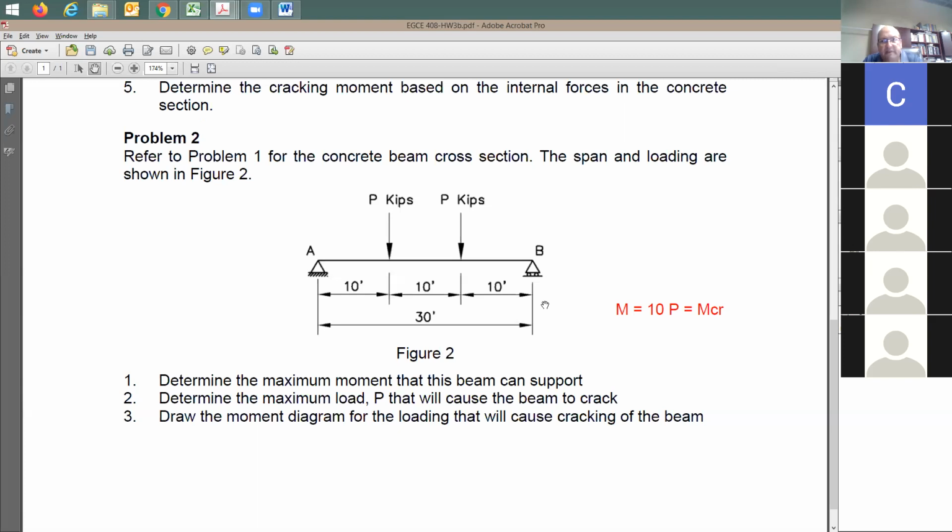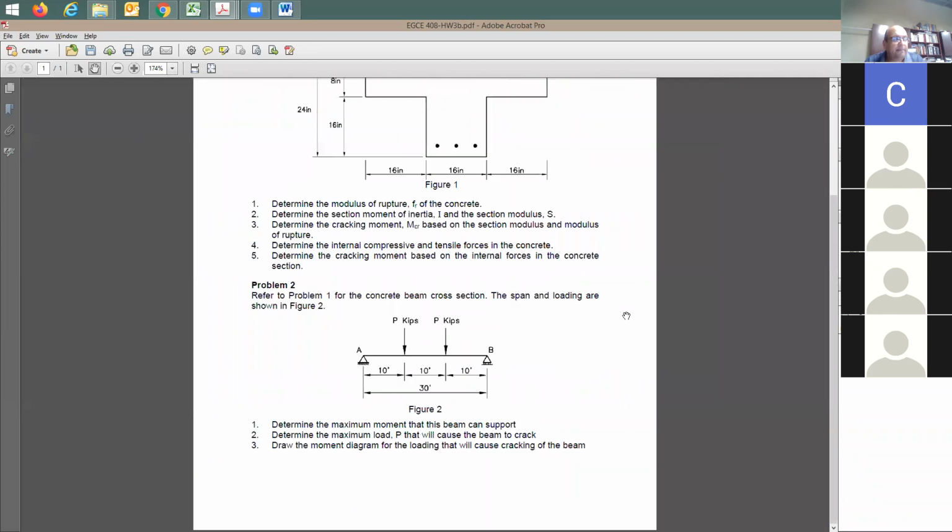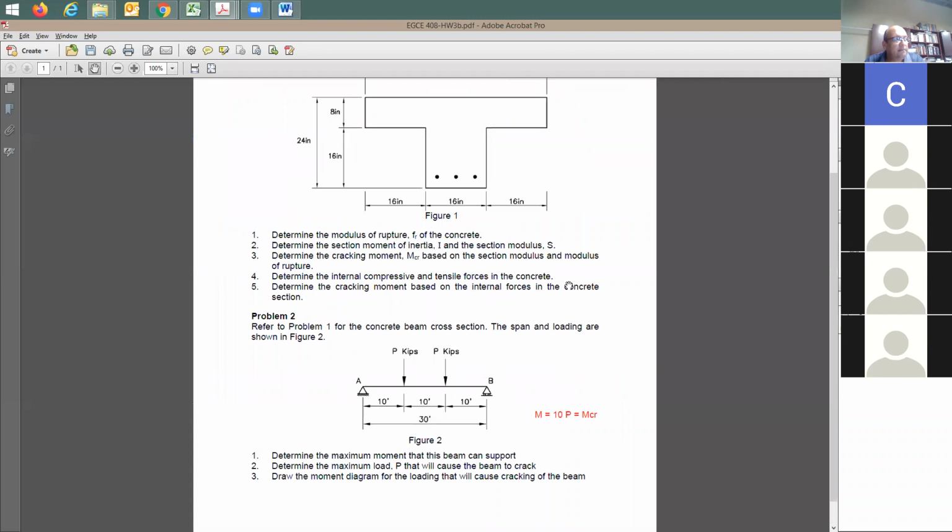Any questions? Yes, please. Previously we solved the T-beam by dividing the compression side into Z1, Z2, and Z3, right? So this one is different because of the rebar?